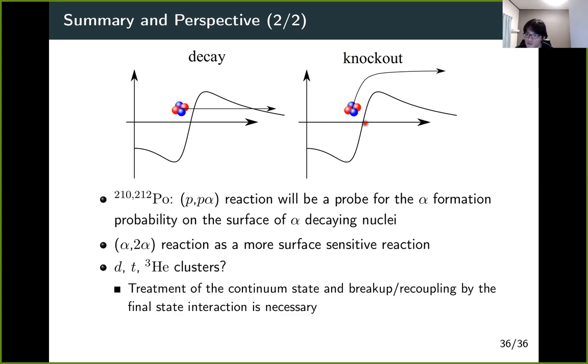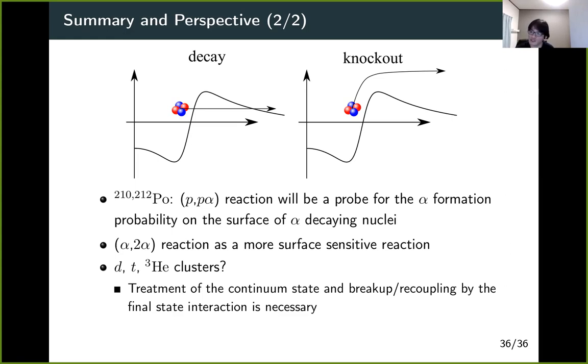And also we are trying to do something on alpha to alpha reaction, because the PP alpha reaction is already peripheral, surface sensitive, because of the alpha absorption effect. So if we do an alpha to alpha reaction, that will be more surface sensitive.